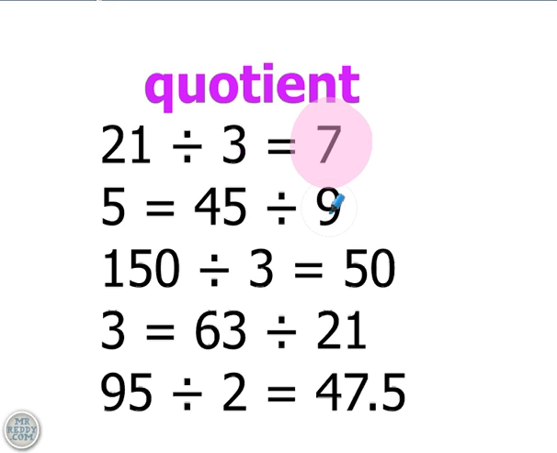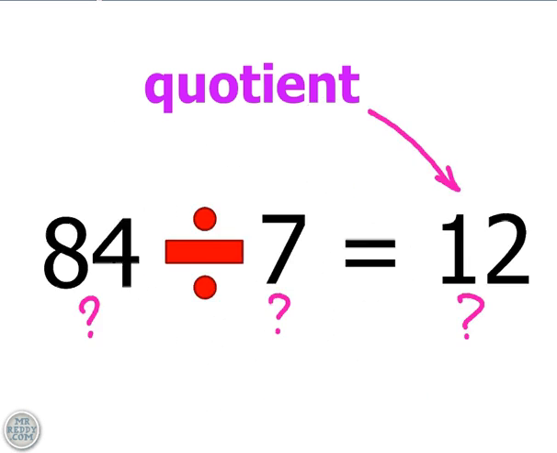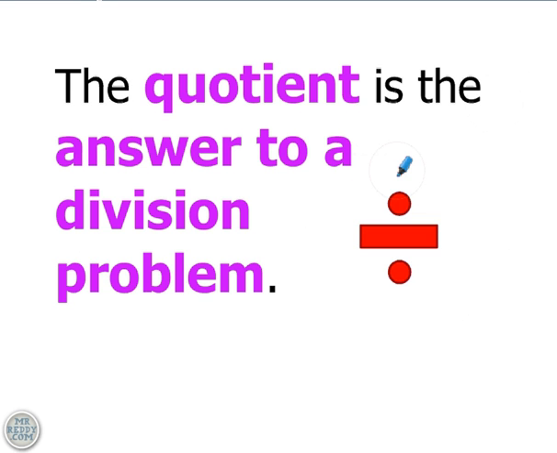Is it 9? No, it's over here, it's 5. 5 is the quotient of 45 and 9. Where is it here? Where's the quotient? There it is. And here, 3. And then the last one, 47.5. So the quotient is the answer to a division problem.